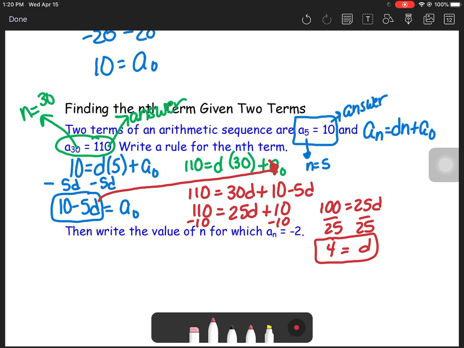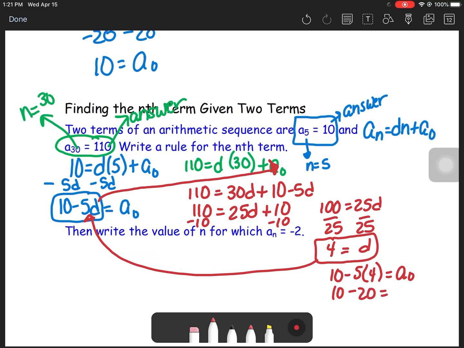Now we plug that number, the 4, back in here so we can find out what our a sub 0 is. So we have 10 minus 5 times 4 equals a sub 0. 10 minus 20. And so negative 10 is our 0 term.